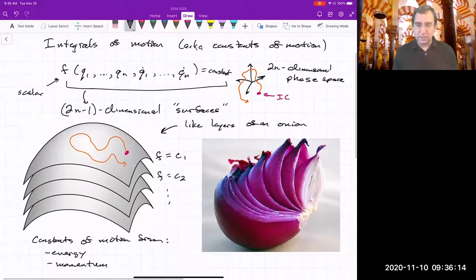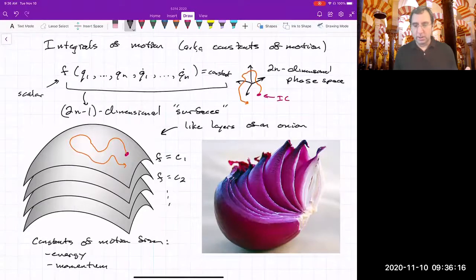So that sort of sets the stage, and then we're going to talk about these two main types: energy ones and momentum ones, and how they relate to the Lagrangian framework.